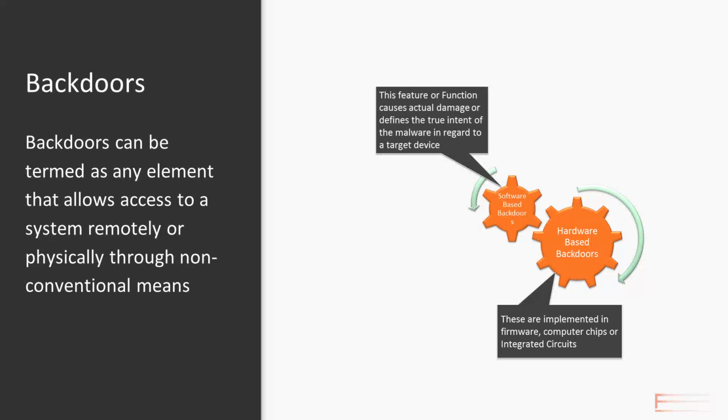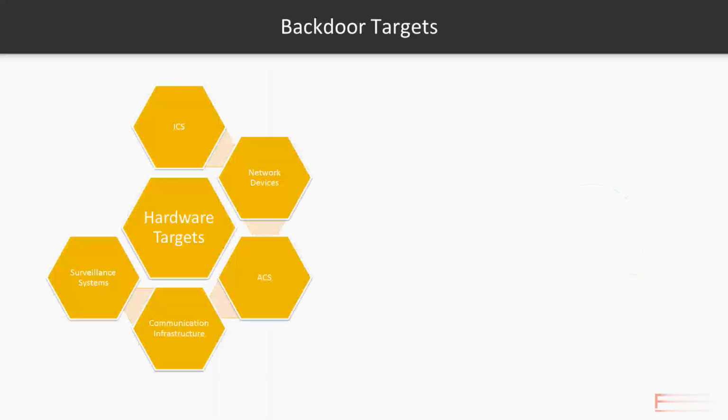You would find some form of backdoor on it. This particular one usually affects the softer layers, or rather, it's the easier one to deploy because it gives access to a target from an operating system or a particular application perspective. When we get to the examples, you will see how this all glues together.